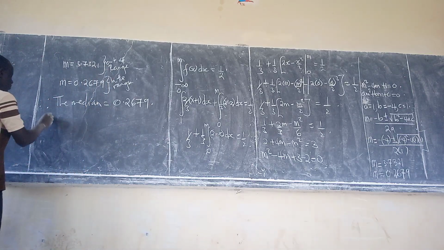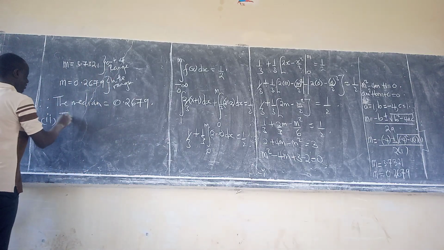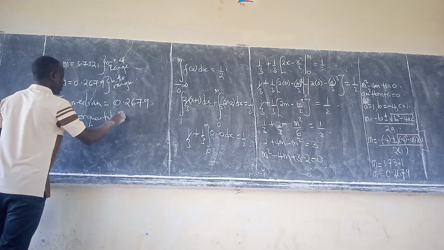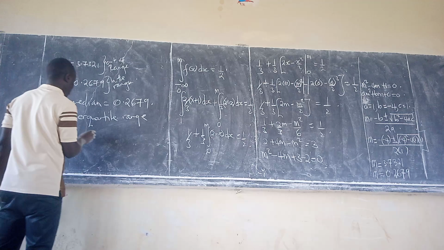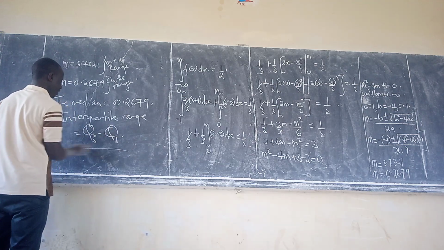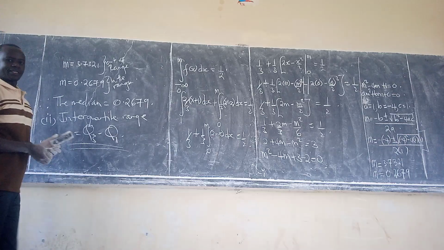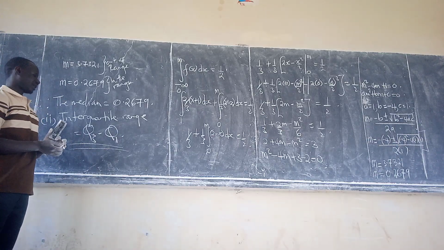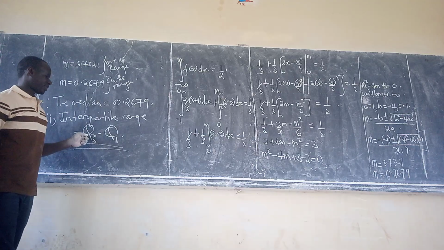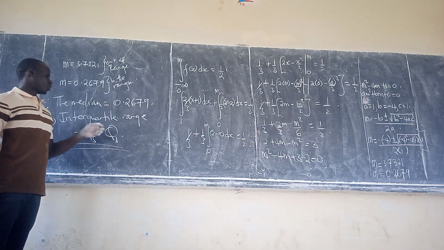Now, Roman 2 wanted the interquartile range, and we said our interquartile range is Q3 minus Q1. What does that imply? We shall follow the procedures and first check whether Q1 lies in which interval.